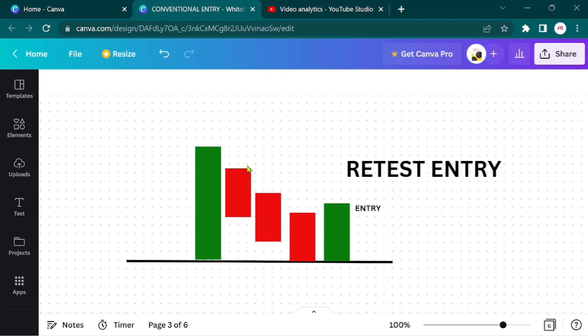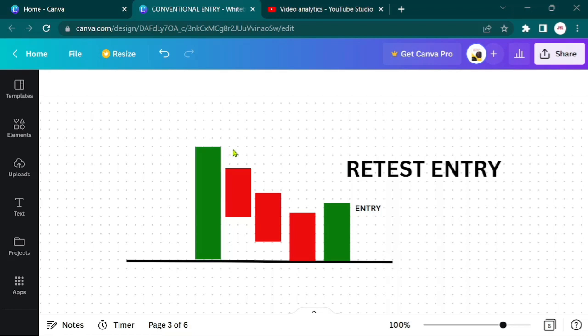Mostly there will be a retracement, and if he gets a positive signal here after the retest, he will enter. Retest entry is followed by a particular type of trader. They won't go and buy here.